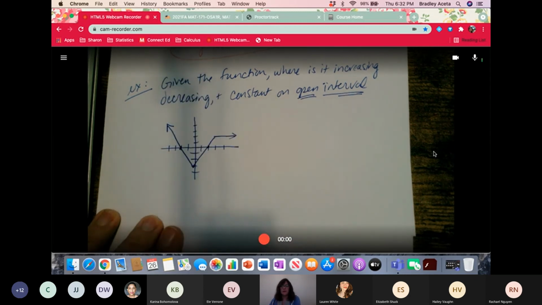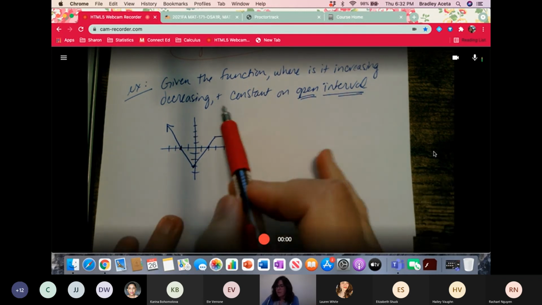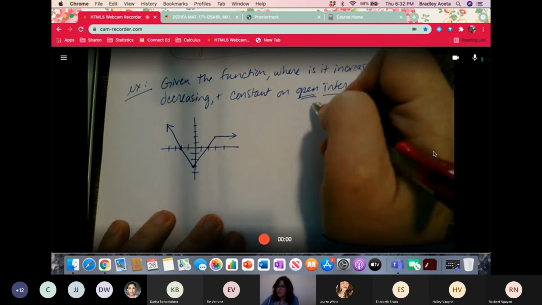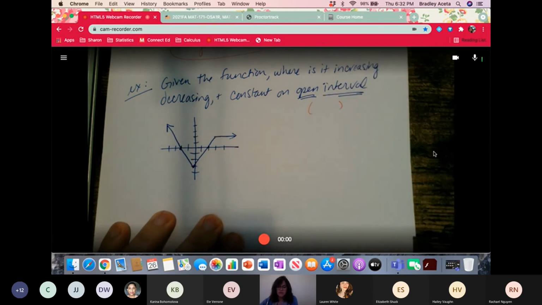There we go. They're asking you, where is it increasing, decreasing, and constant on the open interval. And I know you're probably thinking, I should have given this at the beginning of class, but I'm pretty sure this question is at the end of the homework section. So going back over this from the last class, open interval means everything is with parentheses. So you don't ever have to worry about a bracket.